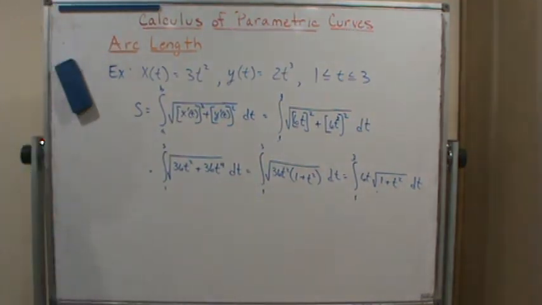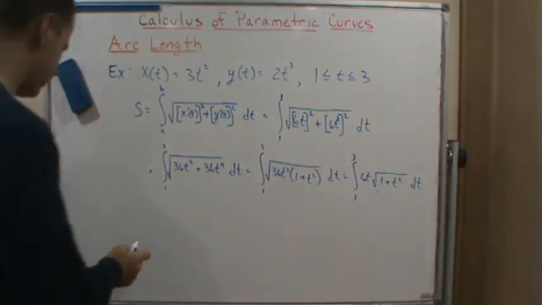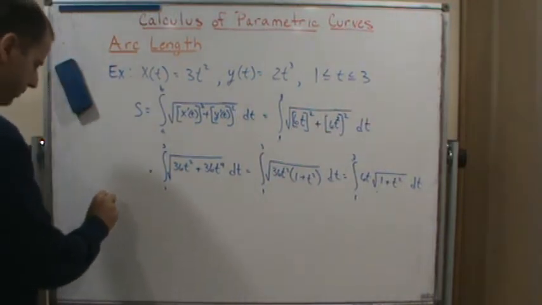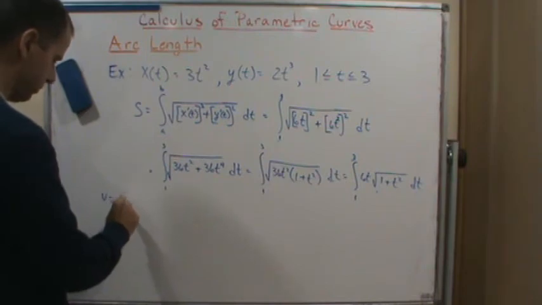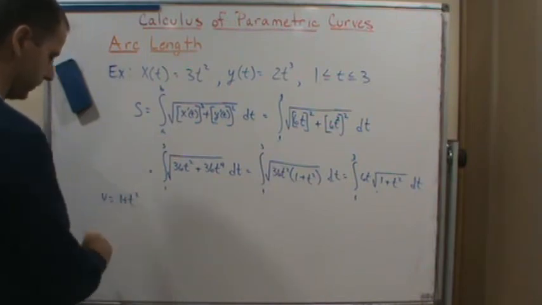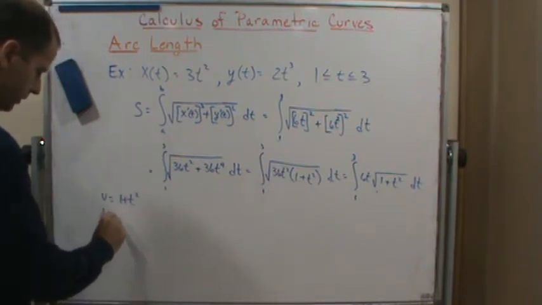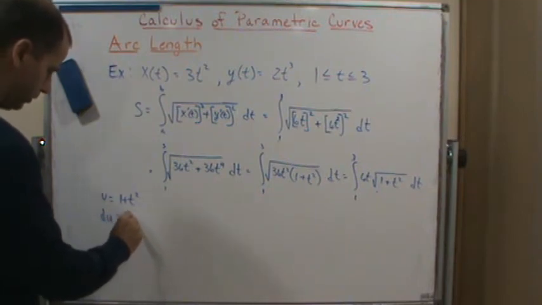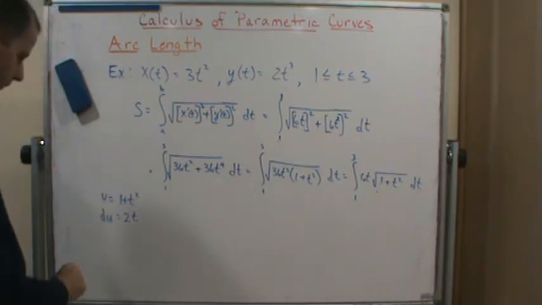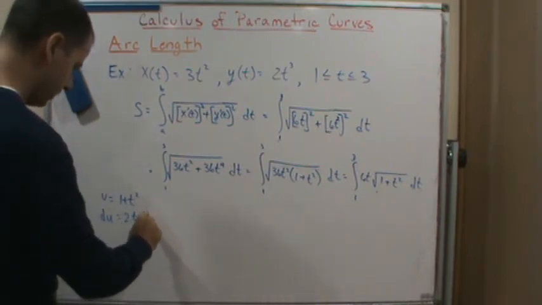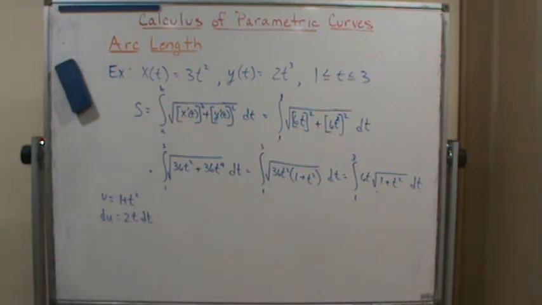Aha! Okay, so now we have to do u substitution. U equals 1 plus t squared. Then du equals 2t dt, right?